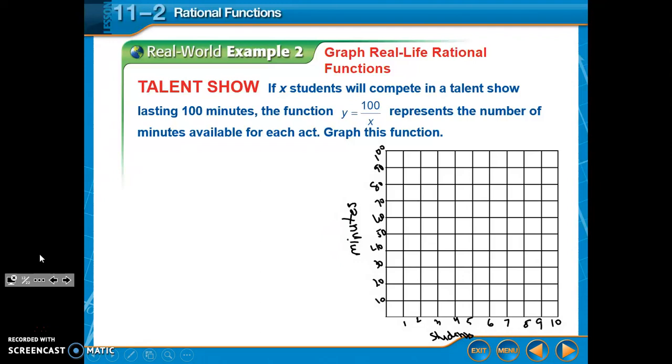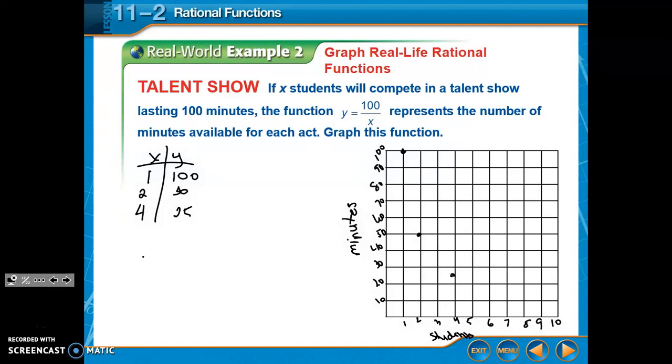So if I were to graph this, I would make a table of values and I would say, okay, if I were to put in 1, how many minutes would be available? So 100 divided by 1 would be 100. So I can plot the point 1, 100. If I were to put in 2, I would have 50. So at 2, it's going to be at 50. If I put in, let's say 4, it's going to be 25.